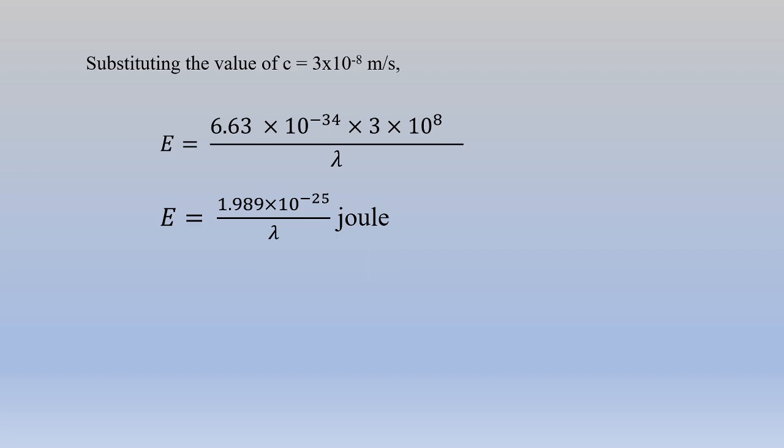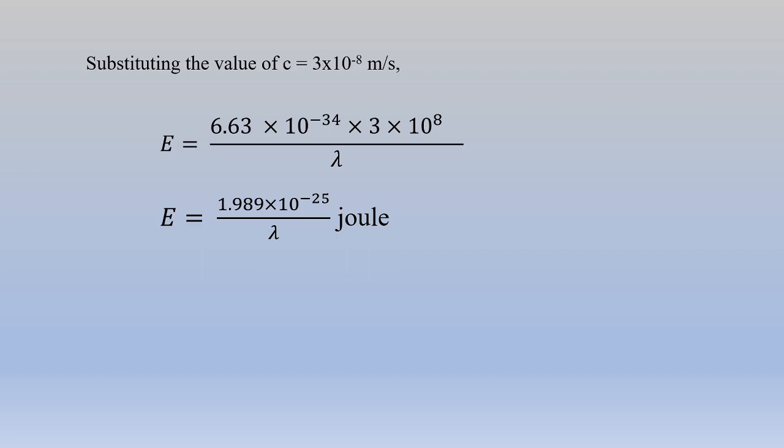Usually, we express the wavelength of light in nanometers. For example, the wavelength range of visible light is from 400 nanometer to 800 nanometer. What is 1 nanometer? 1 nanometer is equal to 10 raised to negative 9 meter.